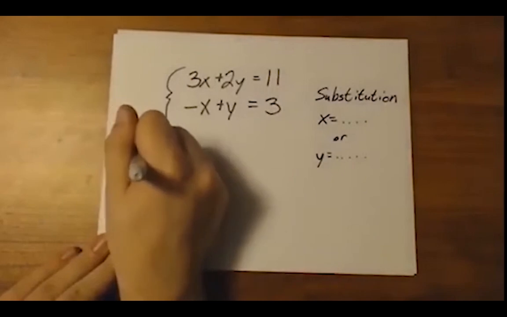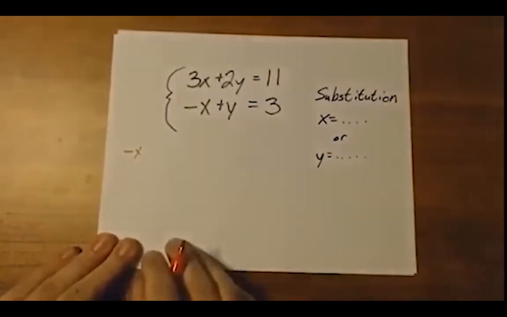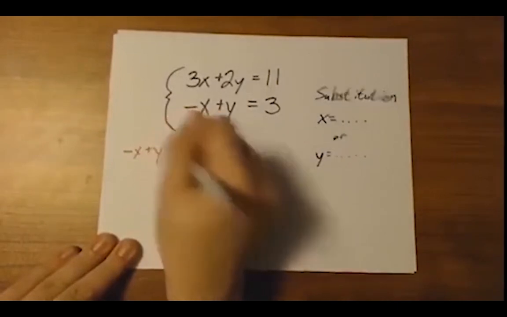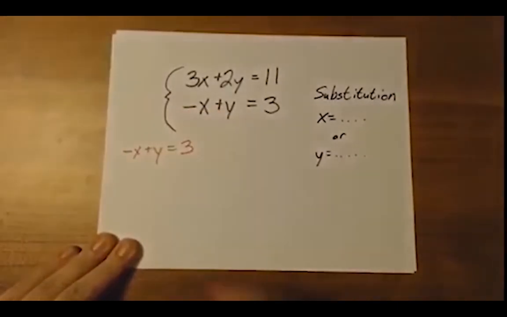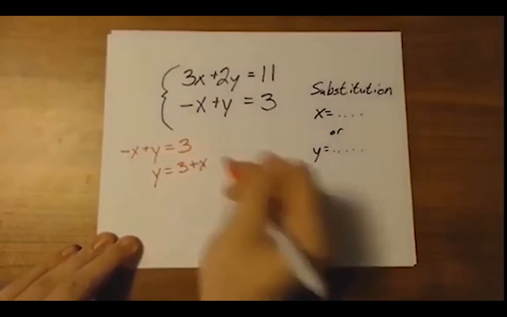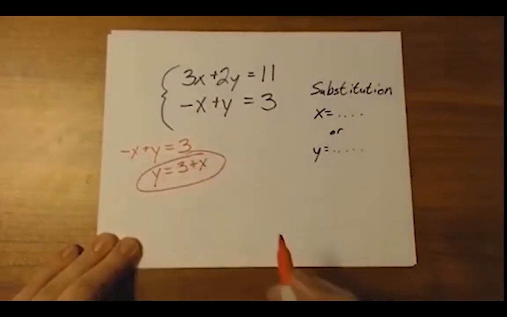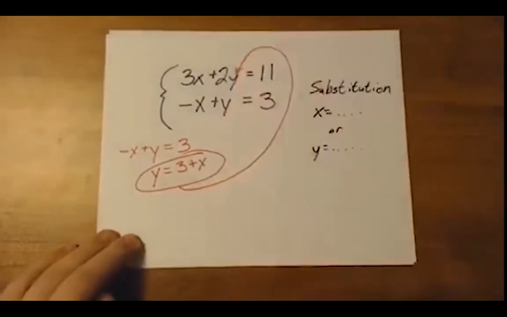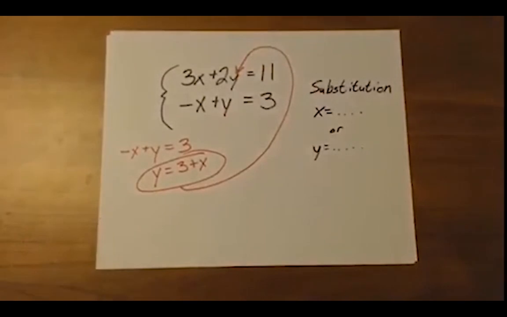If negative x plus y equals 3, then y equals 3 plus x. We're going to take that expression for y and plug it in the other equation.